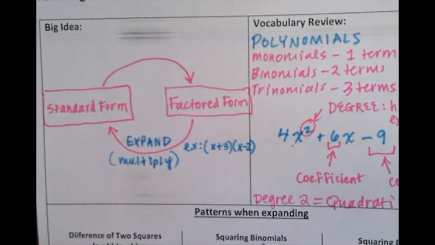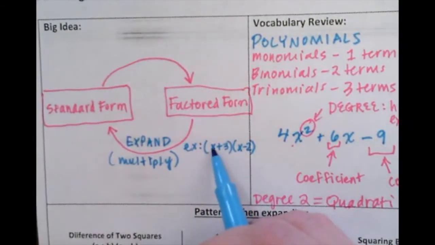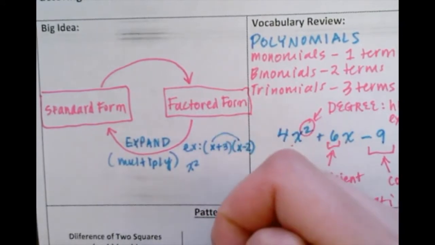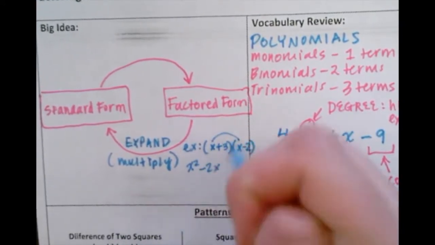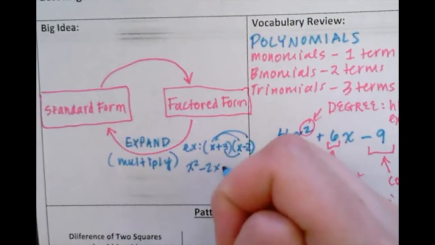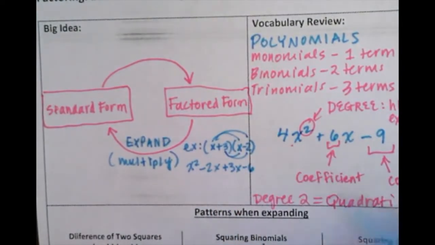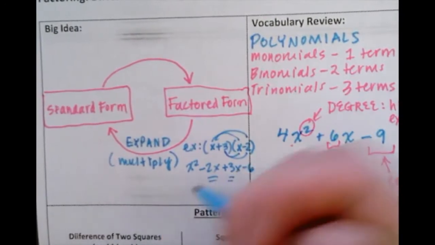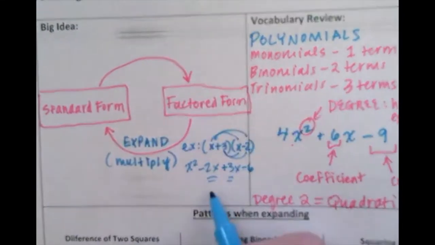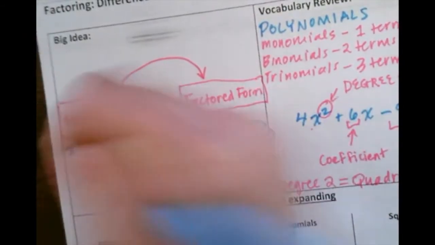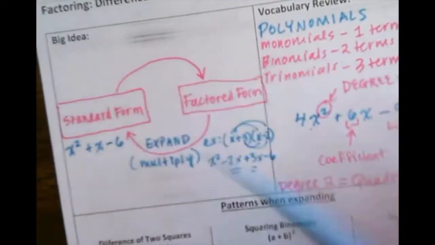So we know how to do that by either using distributive property, which is FOIL, or by using the box, right? So if we multiply here, we do x times x, x squared, x times negative 2, negative 2x, 3 times x, and 3 times negative 2. And then I can combine my middle terms, so what I get here would be my standard form, which is x squared plus x minus 6, right?